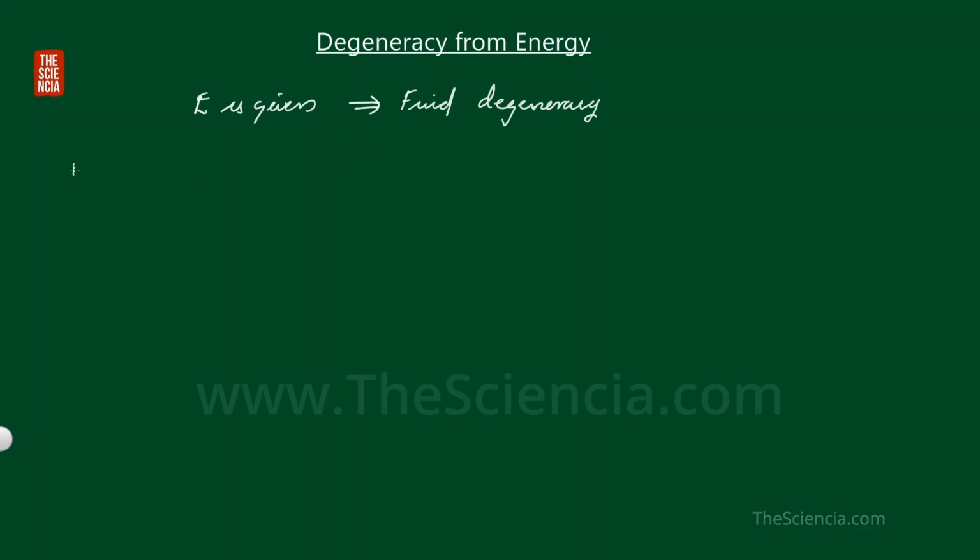So let us consider one example problem. The energy is given, that is E equal to 32 pi square h cut square by 2 m l square, and it is specified that this is a 2D box. Find the degeneracy.